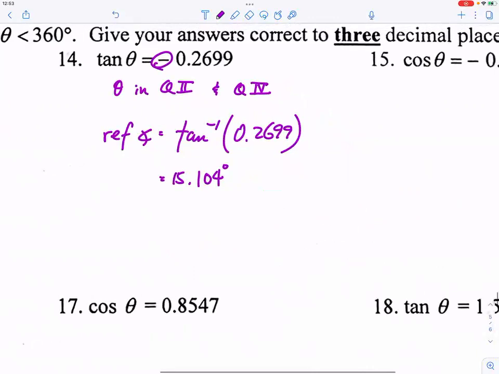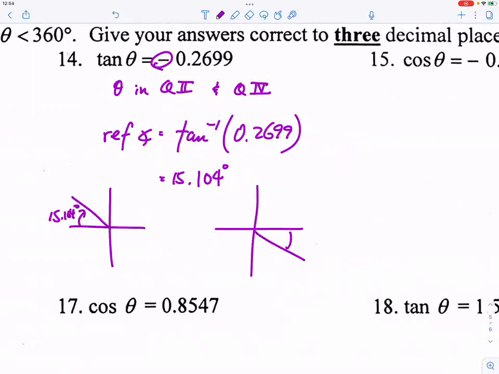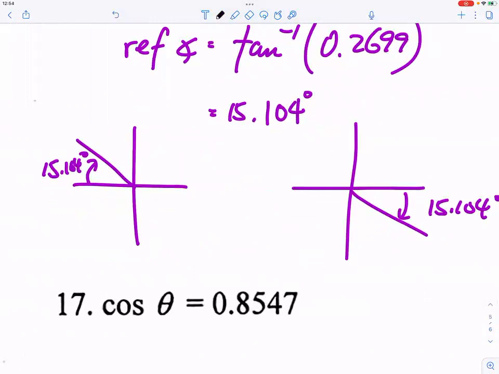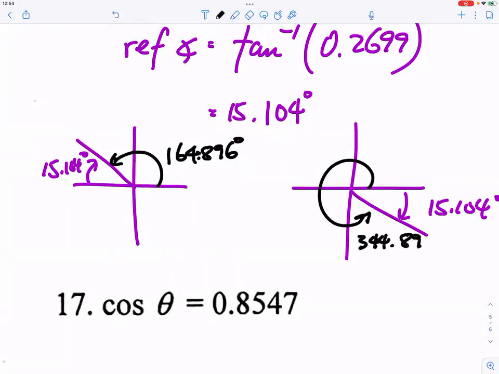But since it is in quadrant 2 and quadrant 4, what's the actual angle? So we have right here 164.896 degrees. And then from here to here, that is 344.896 degrees.